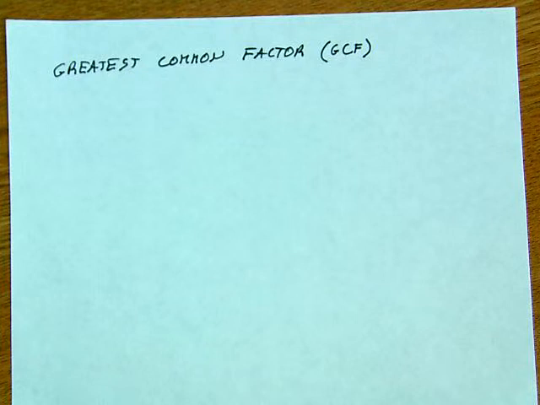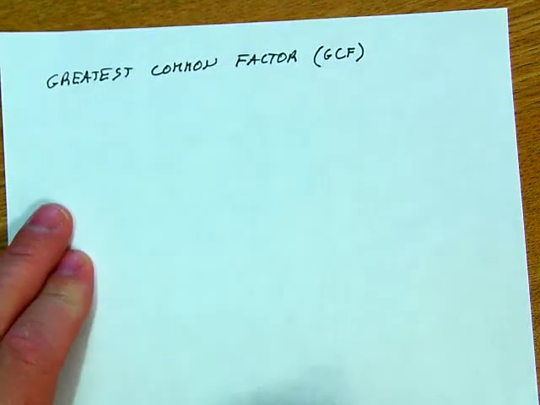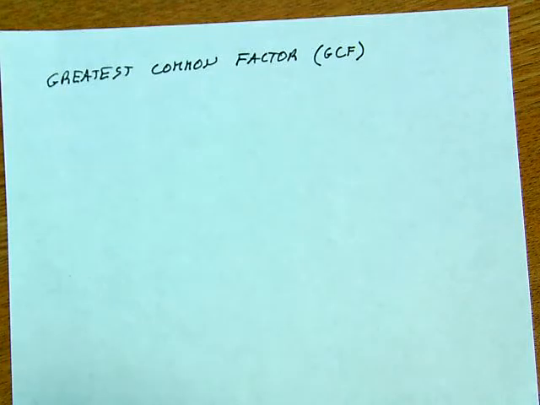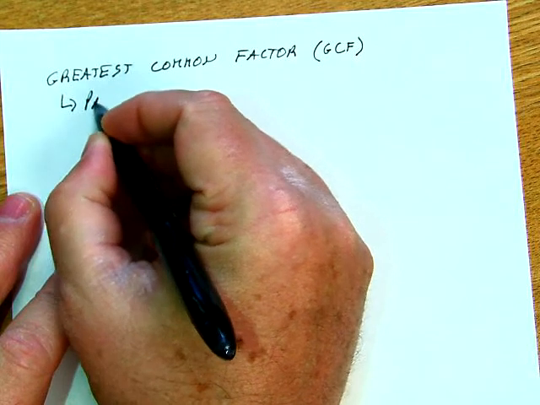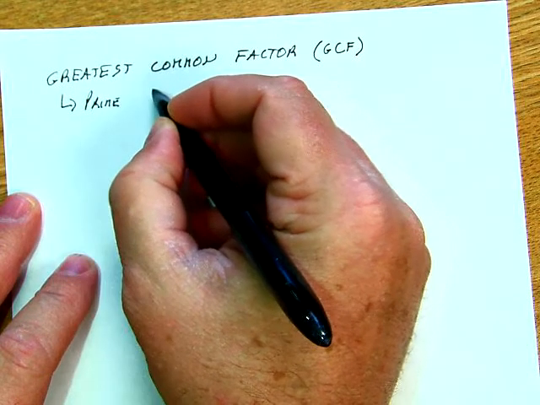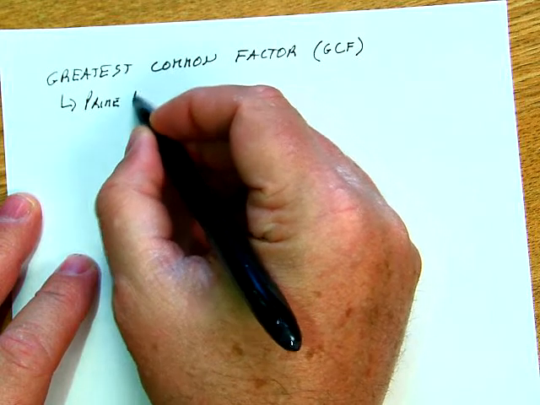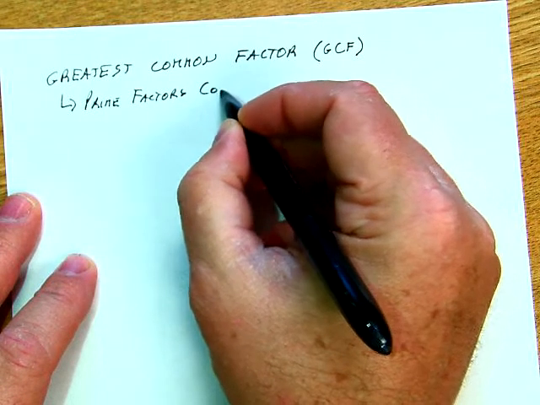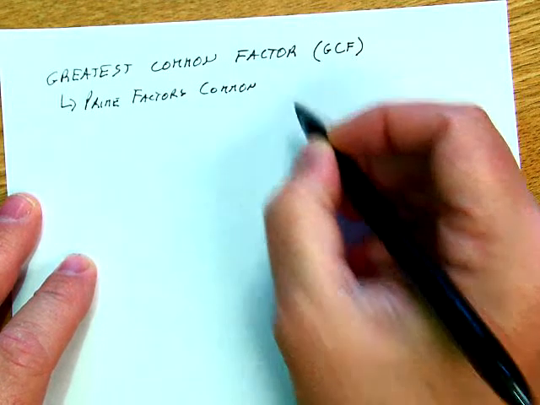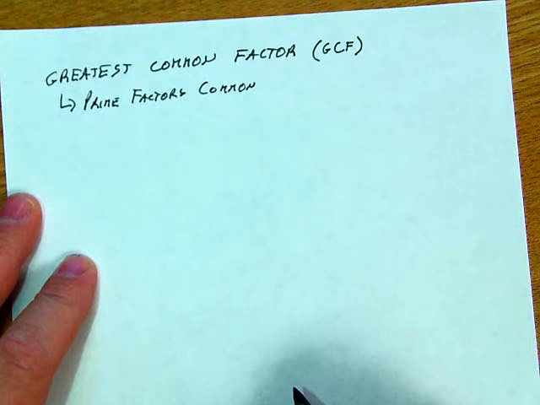The way to do that is, the definition of it is the prime factors that are common to each number. Then you multiply them together.